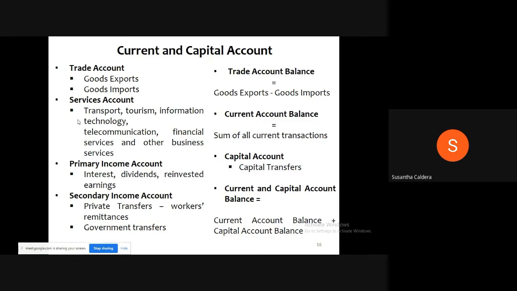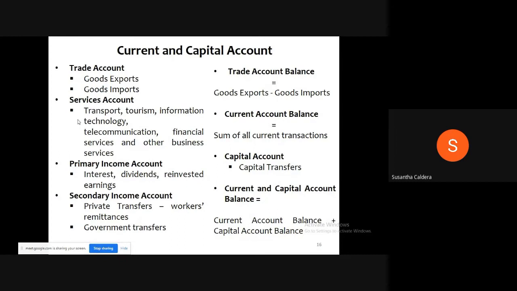Right? Service accounts: transport, tourism, information technology, telecommunication, financial services, and other business services. Primary income account: interest, dividends, reinvested earnings.